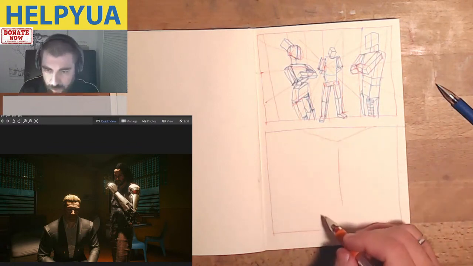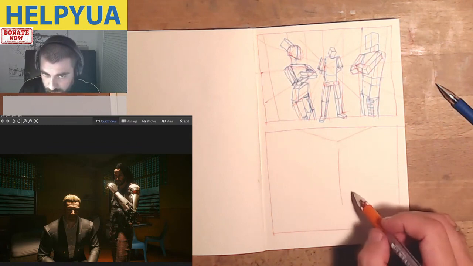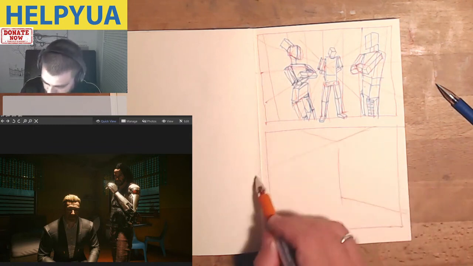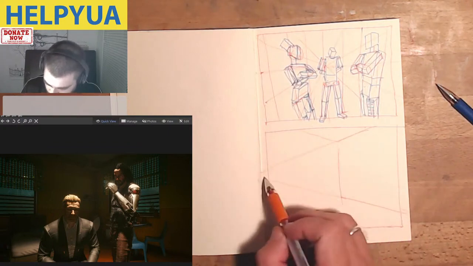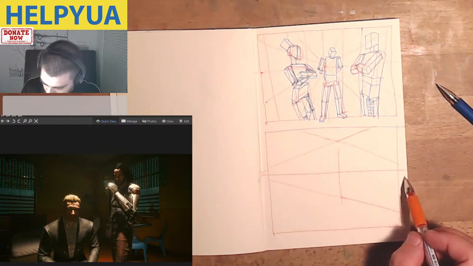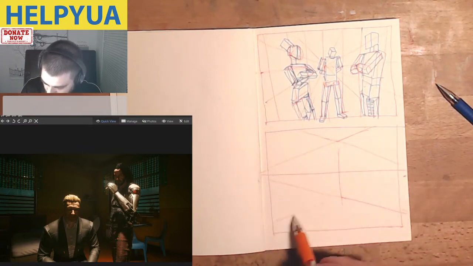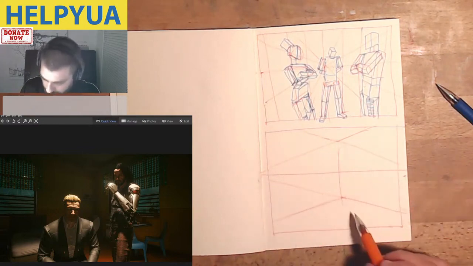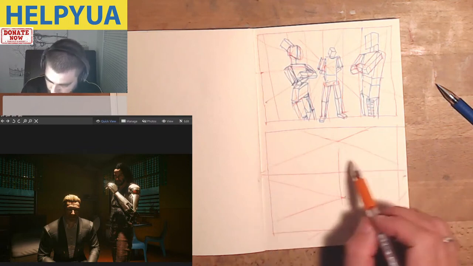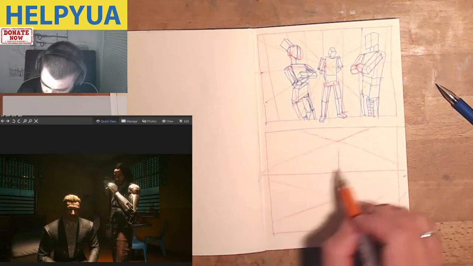Just draw the room first. Okay. So now this room gives us a perspective grid.